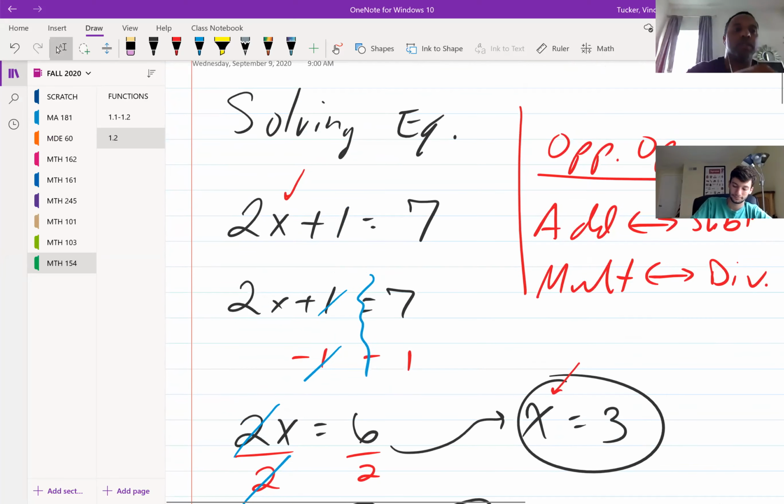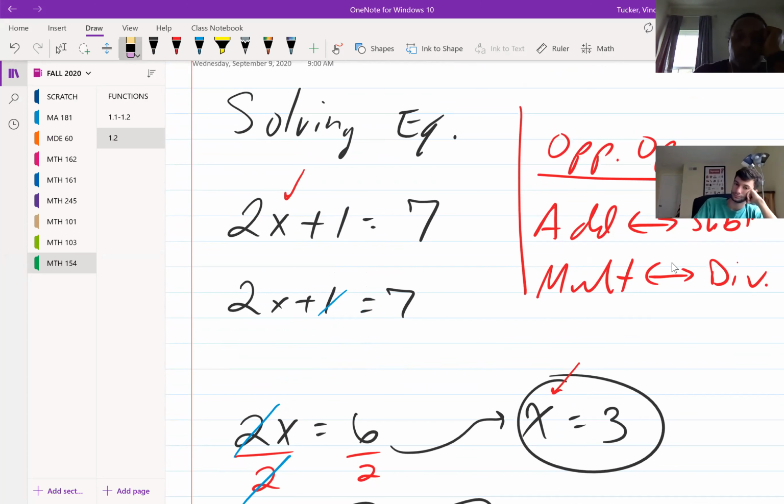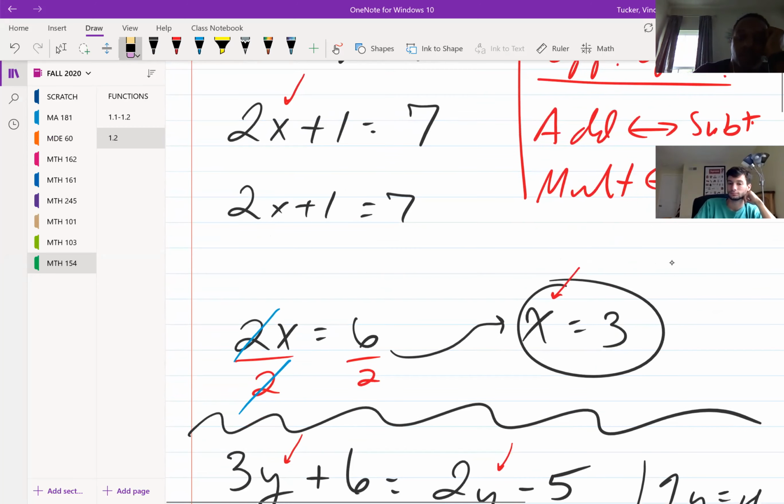All right, so 1.2, where we left off in that section was solving equations. And so let me erase this stuff and just walk through it.